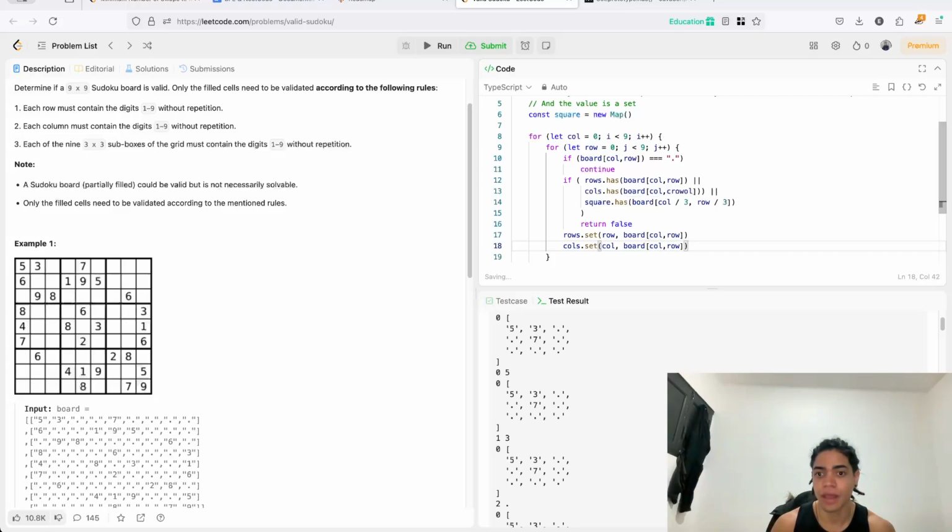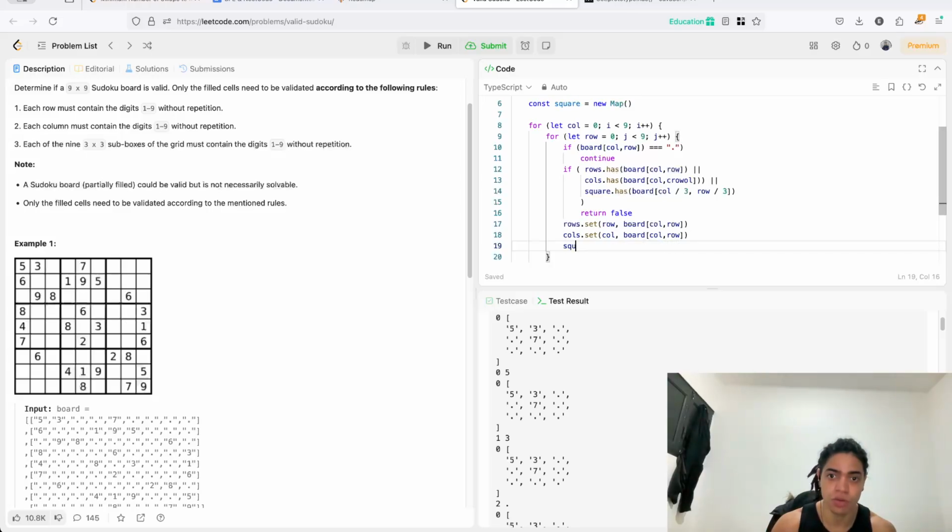This is how you can update this. And when it comes to actually updating the square, we're going to set here and say our key will be now the column divided by 3, and the row divided by 3.